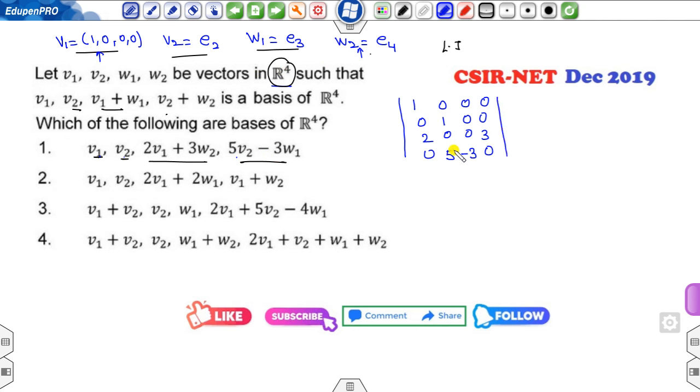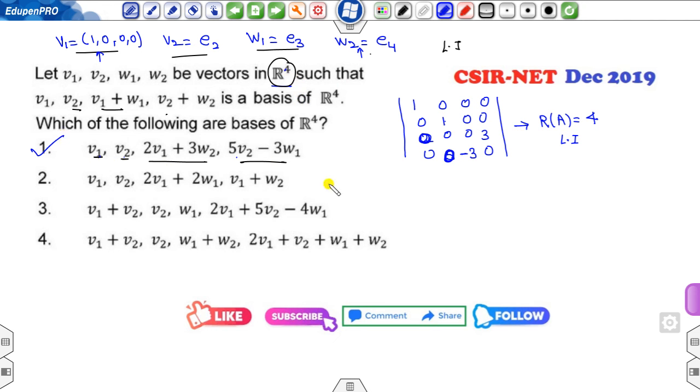Now, can you find the rank? I can multiply by 2 and subtract, I can multiply by 5 and subtract them, getting 0. Then clearly the rank of this matrix is 4, the same as the dimension, so yes, it is linearly independent. So this option is the correct option.